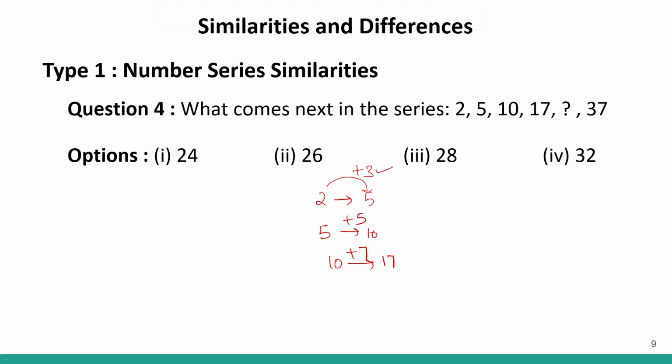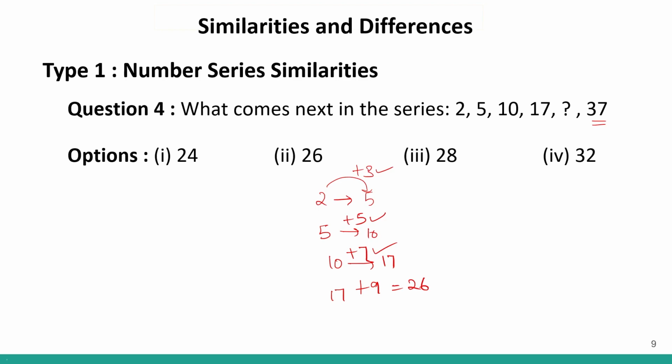Similarly, I can see we are adding plus 3, plus 5 and plus 7. So we are adding consecutive odd numbers. So if I add the next consecutive odd number, 9, to 17, I'll get 26. Now we have to check whether it will follow the same logic with 37 as well.